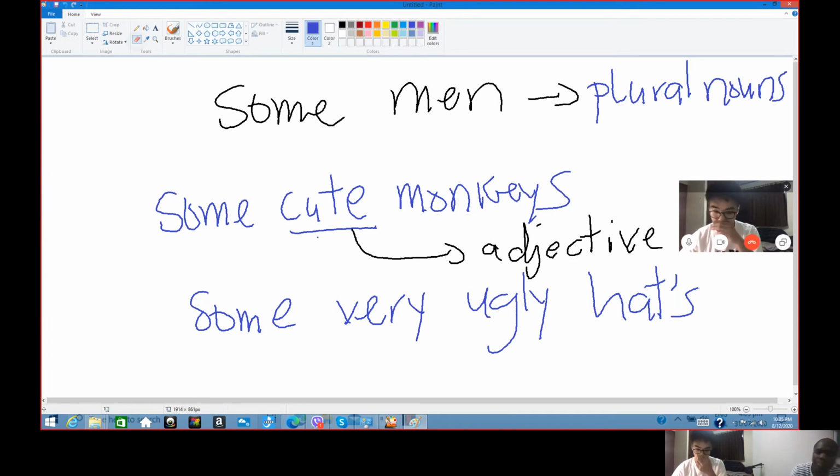There's no apostrophe, sorry. Some very ugly hats, ne? The word ugly, see, ugly is an adjective, right? Very, so this is an adverb. Adverb.